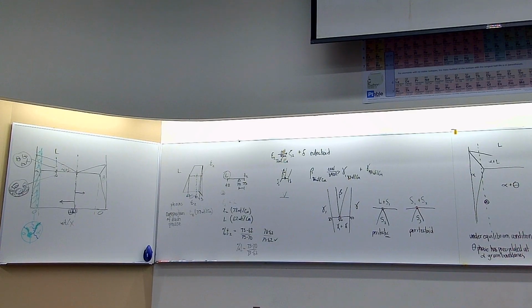Is that inferior? Could be. Why? Why is that inferior? Ellen? Because when it cools, it'll become solid alpha and then eventually get some beta in there, but it won't form a eutectic structure.